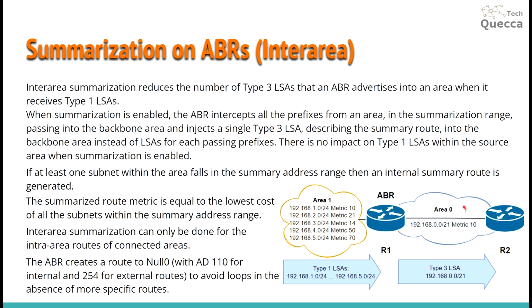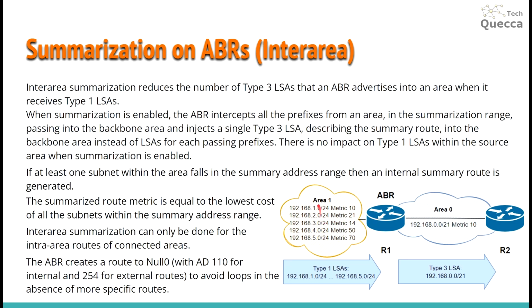So it's going to be 5 type 3 LSAs in area 0. But if we configure summarization, then R1 will only create one type 3 LSA for the summary route into area 0, reducing bandwidth, reducing LSDB, reducing routing table.